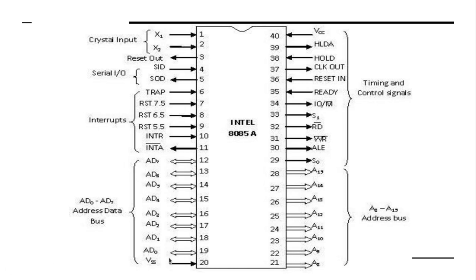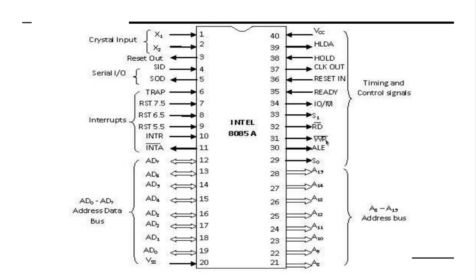Then we have VSS, then VCC, then HLDA, then hold, then clock out, then reset in, then ready, IO/M bar, S1, that is status 1, read. This is an active low signal, that is, if this is true, that means read is not working.